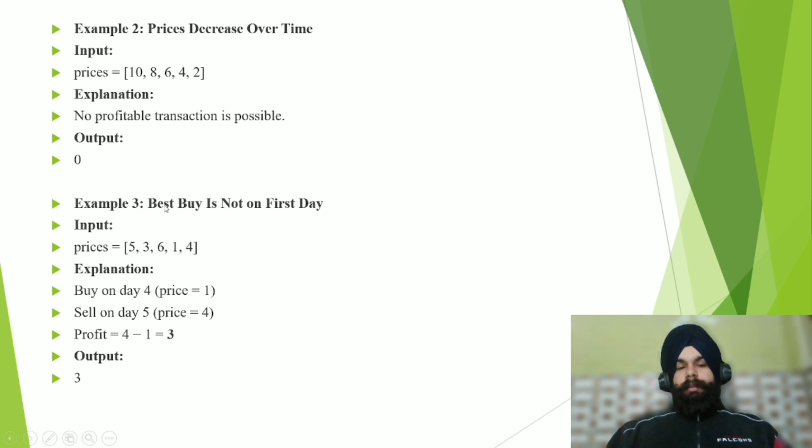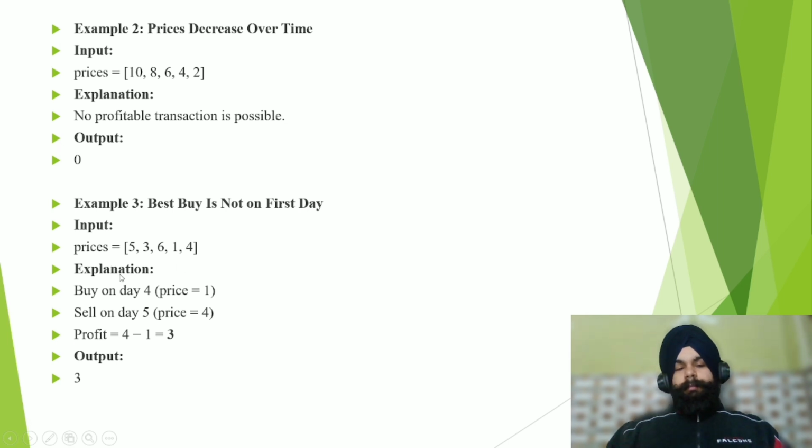So move to the third example. The third example is where the best buy is not on the first day. Let's suppose we have the maximum price 5 and the minimum price 1 at day 4, the maximum price is at day 1, and we have a second maximum price at day 5, after day 4.